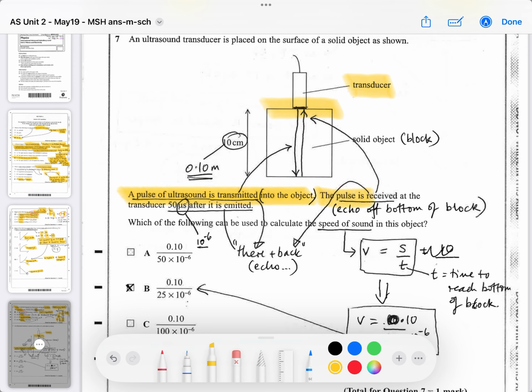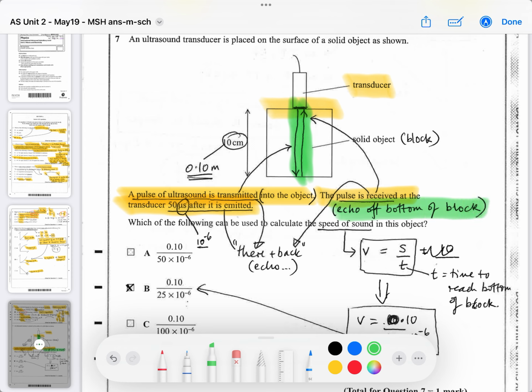The pulse is received at the transducer 50 microseconds after it's emitted. Now remember, it's going to go down and then up. So those are the two arrows I've drawn, because it's basically got an echo off the bottom of the block.